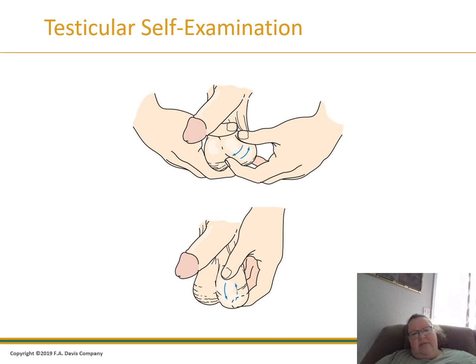Testicular self-exam, it's usually after the shower, and you should be doing it from the time, I think, 13 on, and it should be a downward. You cup one and then you examine the other by using your thumb and forefingers in a downward motion to check for any nodules or lumps.